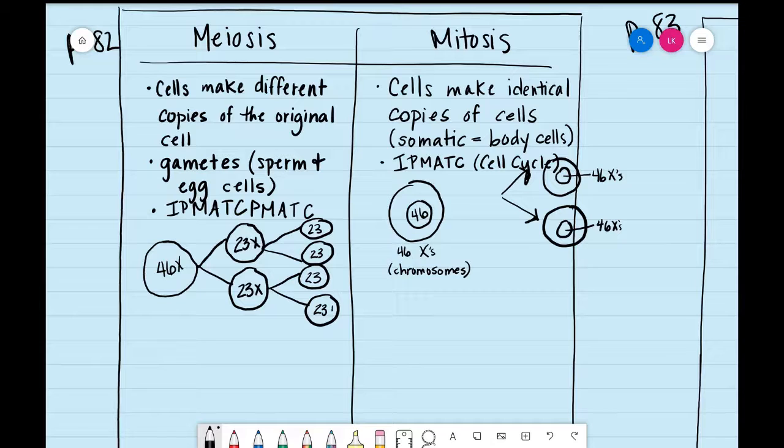And that's the single strand of DNA. So instead of an X, it's just a single line, and that represents a strand of DNA that is not paired with the other chromosome. So each of these represents a sperm or egg, so a gamete.